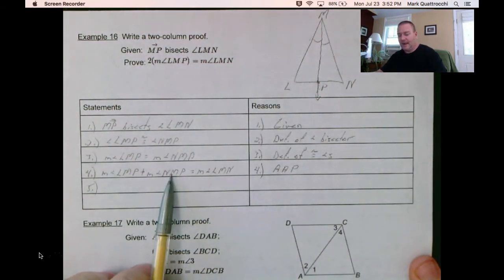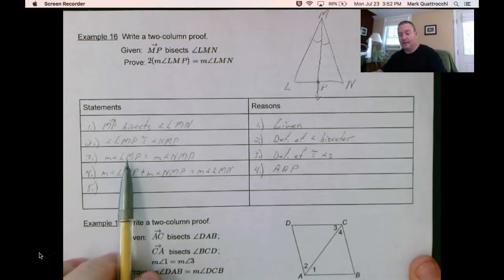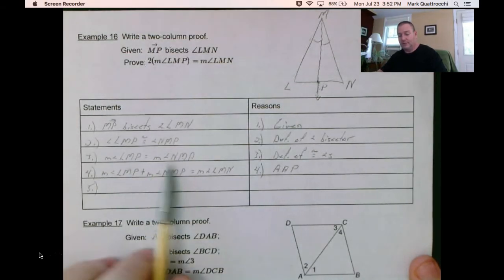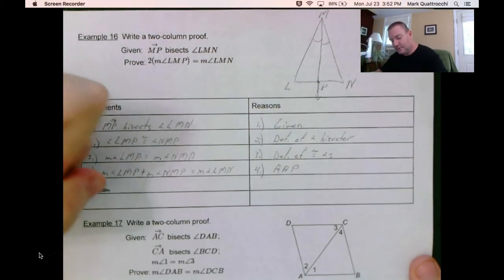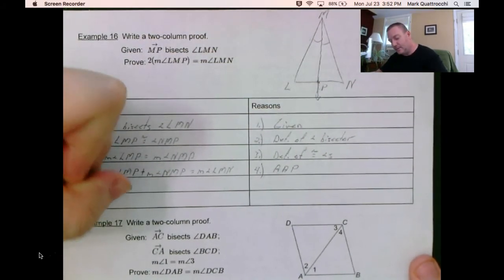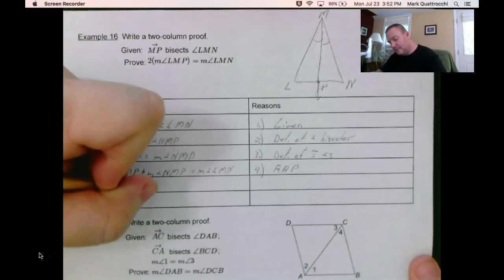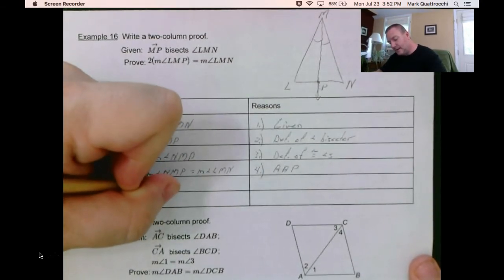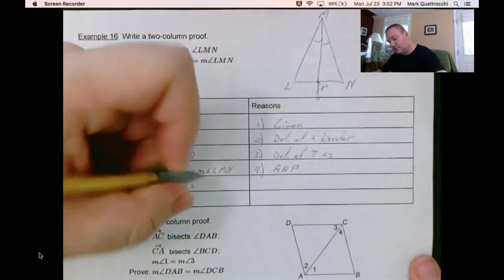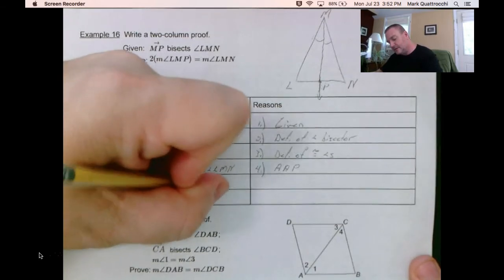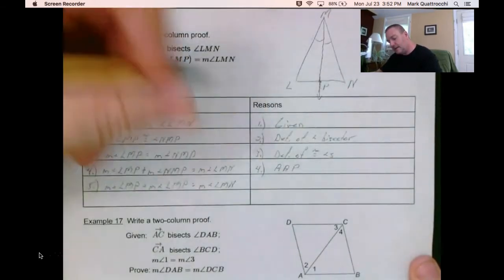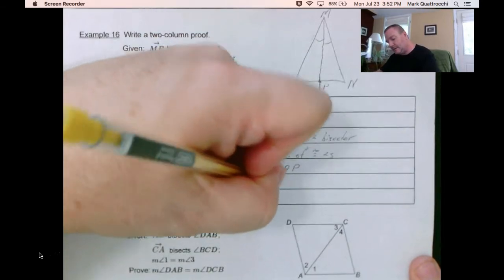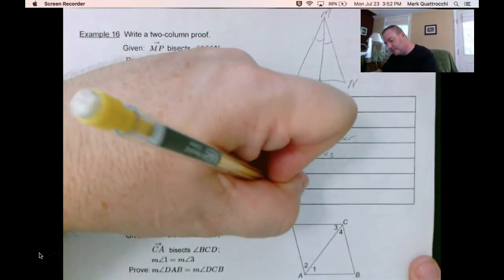The measure of angle NMP is equal to the measure of angle LMP, so I'm going to replace this with this. So the measure of angle LMP plus measure of angle LMP equals the measure of angle LMN. Substitution property.